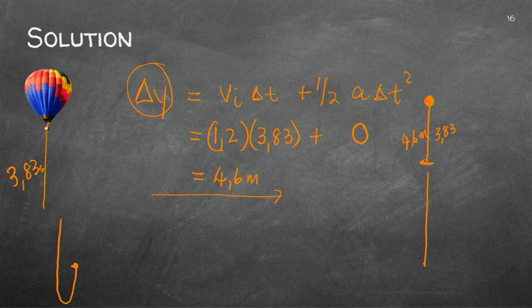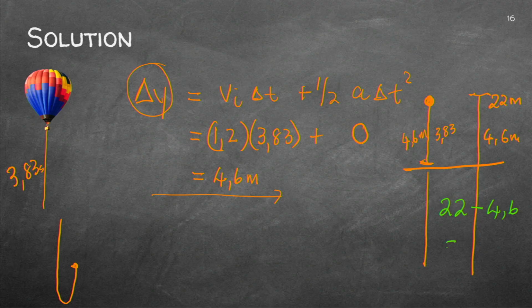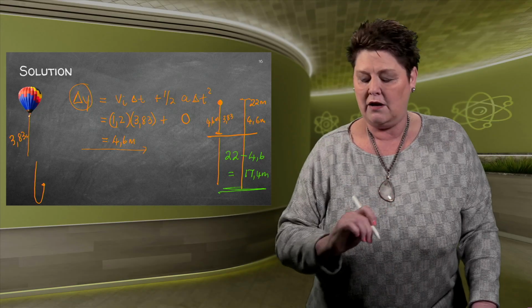Now it was initially, when it was being dropped, 22 meters. It now traveled 4.6 meters, which gives us a height of 22 minus 4.6, which is 17.4 meters from the ground. Complete the question and go and read again.